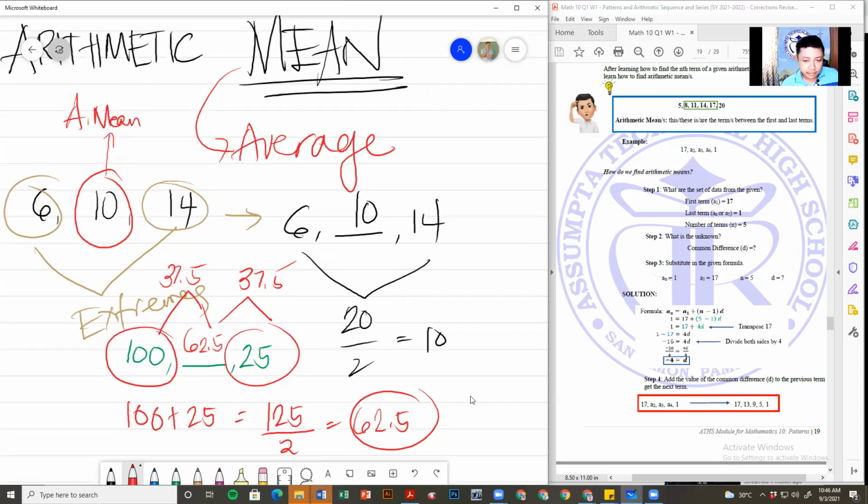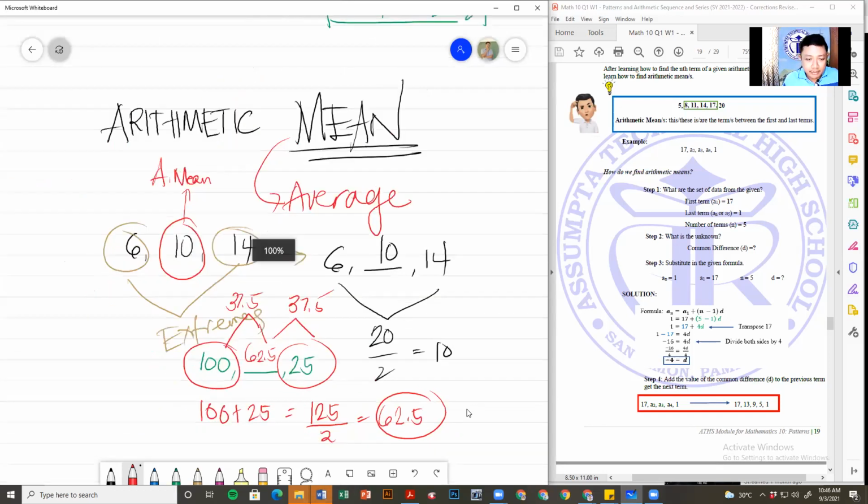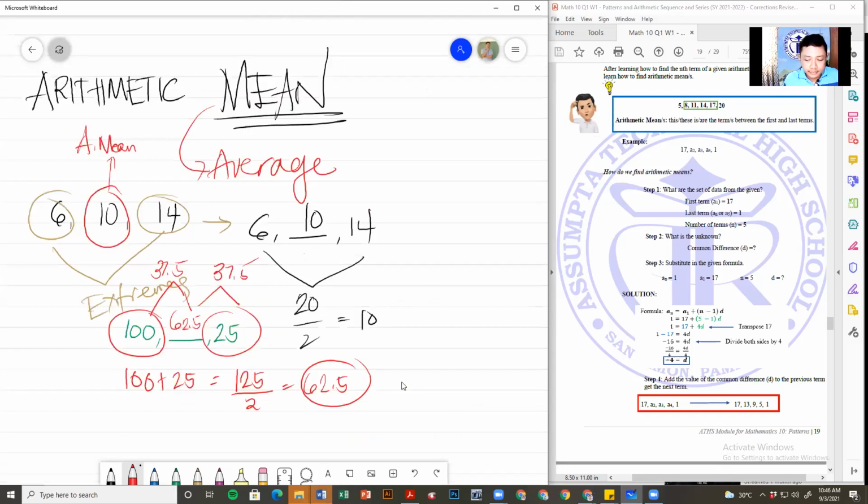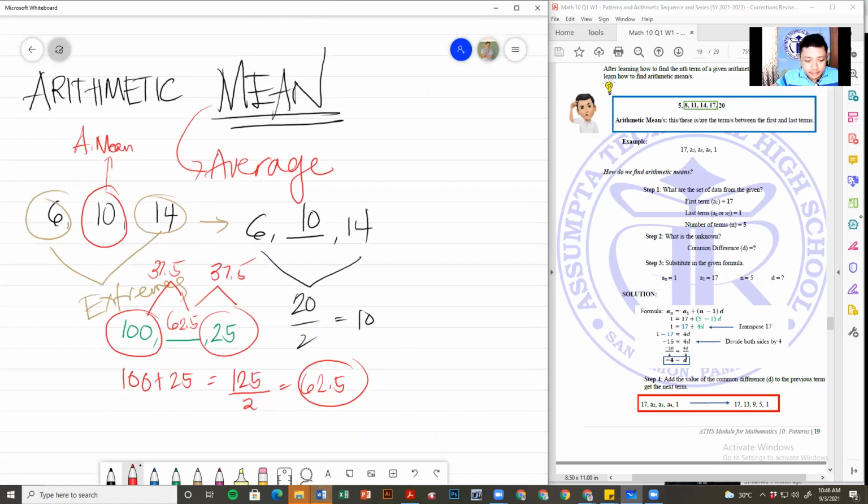For example, another example, please. This time I want you to answer it. Ready? Find the arithmetic mean between 12 and 86. Go. What is the arithmetic mean between 12 and 86?